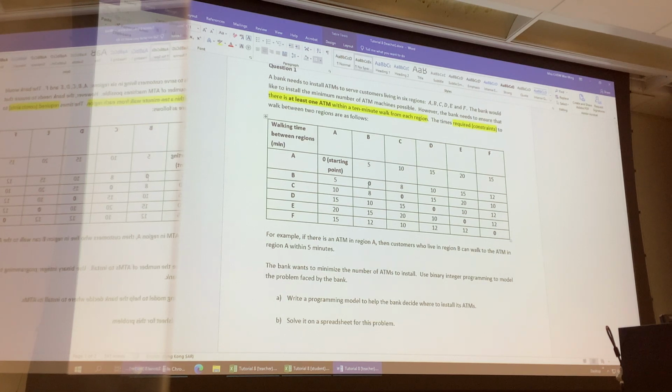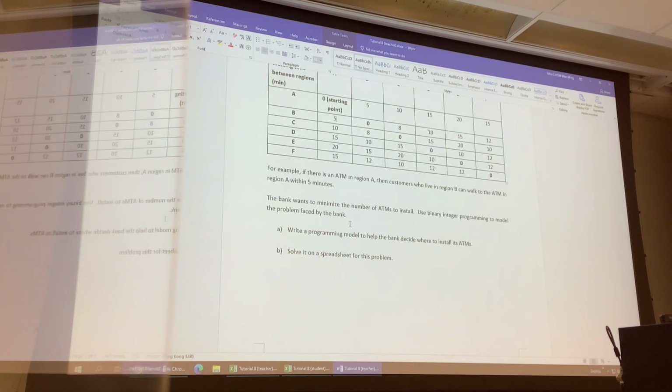If it is in region B, you can walk to the ATM within 5 minutes. As you may know, this one is also 5 minutes and this one is also 5 minutes because the walking time between the 2 regions is the same. So that is the table.